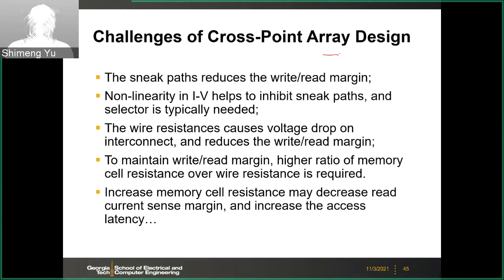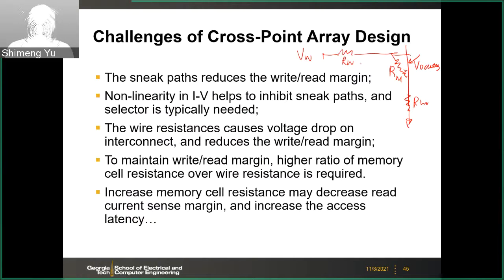If you consider the simplest voltage divider for your last memory cell, this is the resistance of your memory, and this is the resistance of your wire. If you think about it, there is another R wire for the bit line.